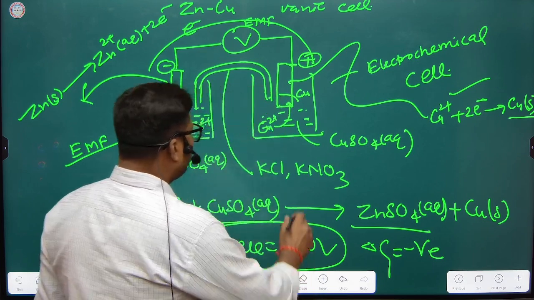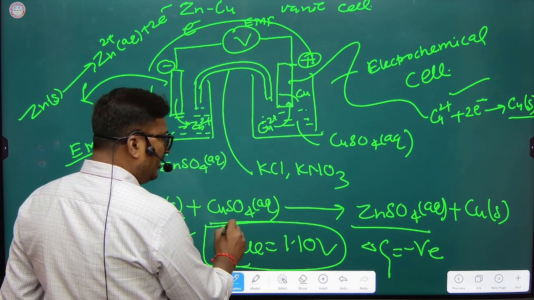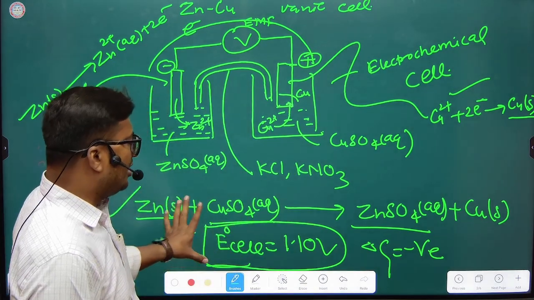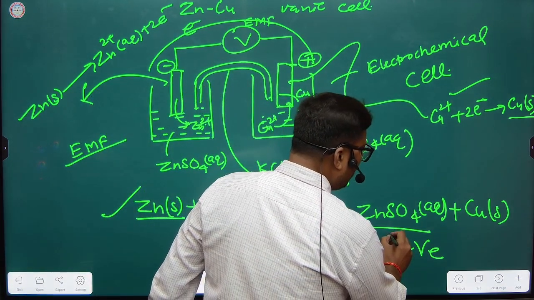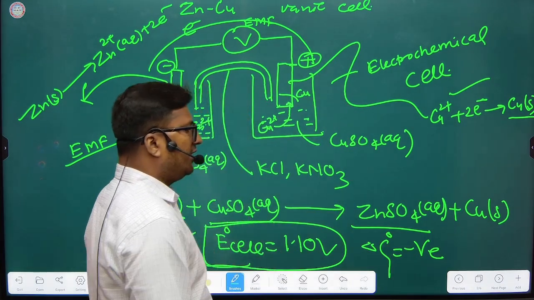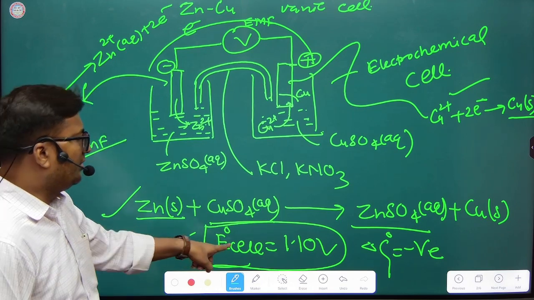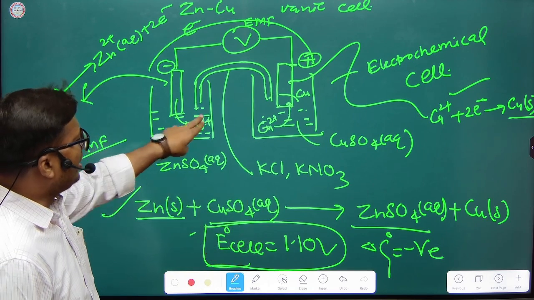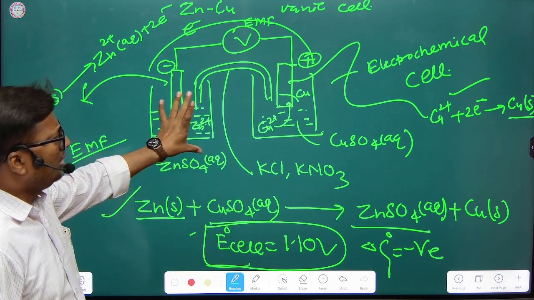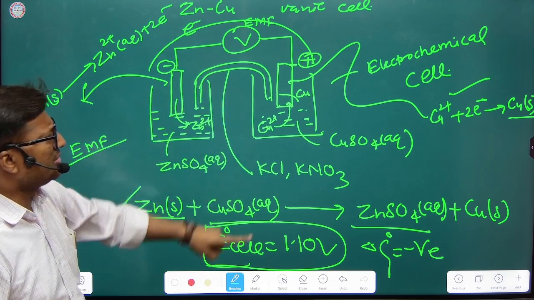If this reaction occurs at 25 degrees centigrade, then it will be E naught cell, the standard cell potential, that is 1.10 volt, and hence the standard Gibbs free energy change is negative. Okay, so this standard cell potential can be affected because of the variation of temperature or thermal energy in these containers, right?